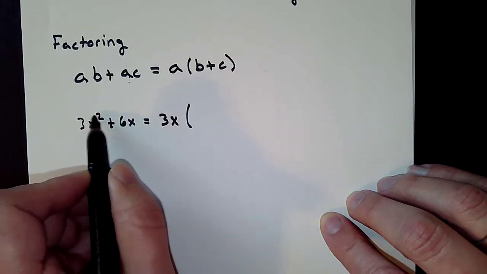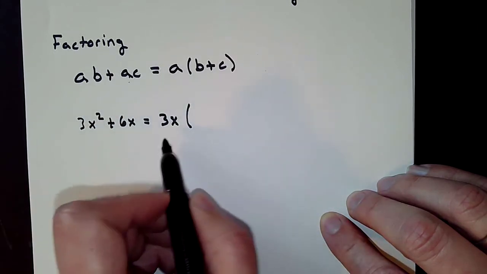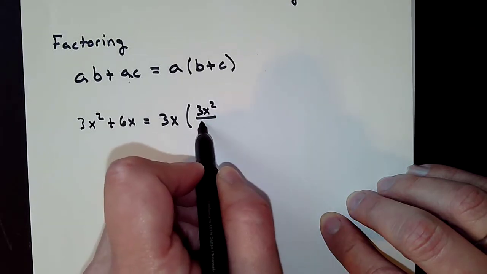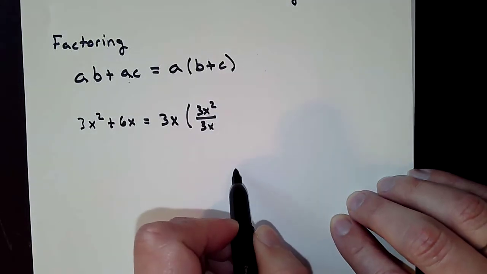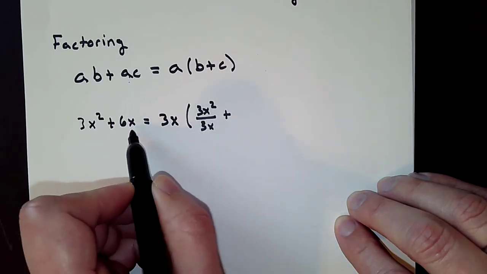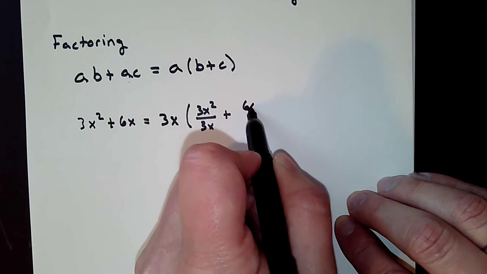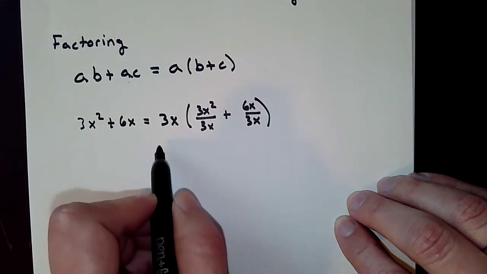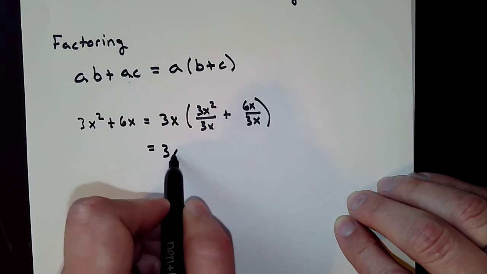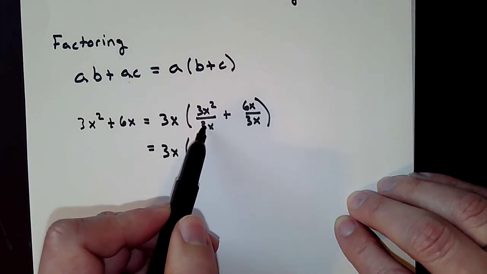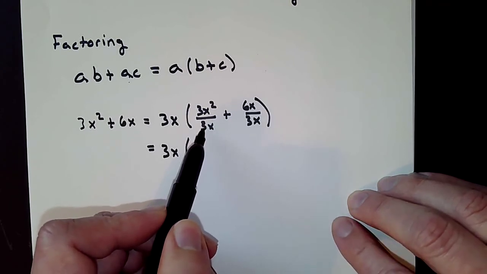So what happens to the 3x squared? The 3x squared is going to be divided by the 3x. The 6x is going to be divided by the 3x. In this first term, 3 divided by 3 is 1, so it goes away.